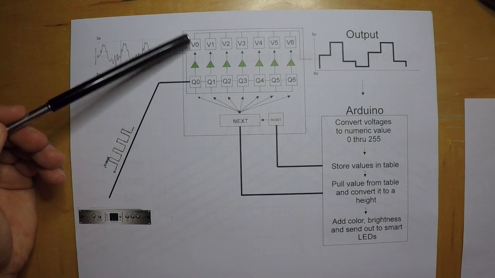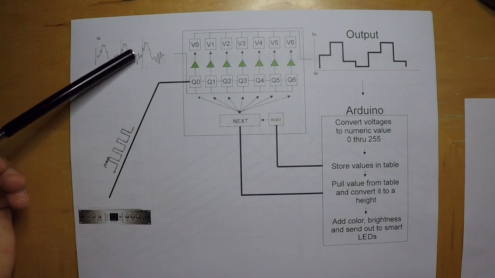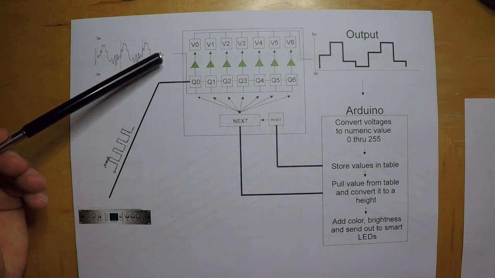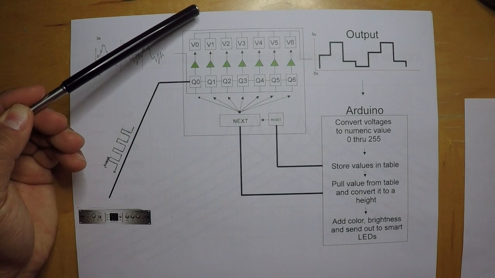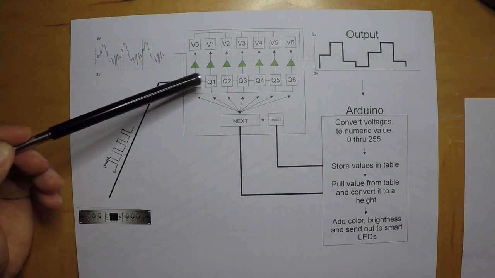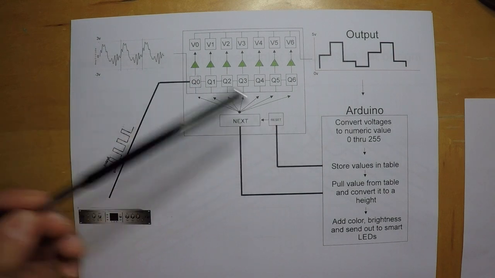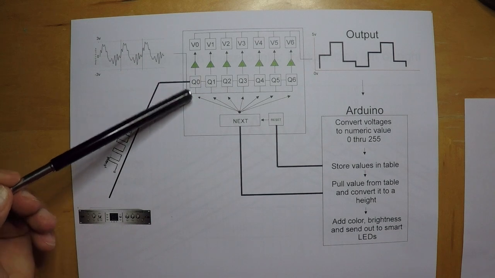Now that voltage can be from 0 to 5 volts, 0 being an amplitude of nothing or silence, and 5 volts being a very loud signal for this particular frequency band. Okay, so after reset is hit, this is the only filter that's on.